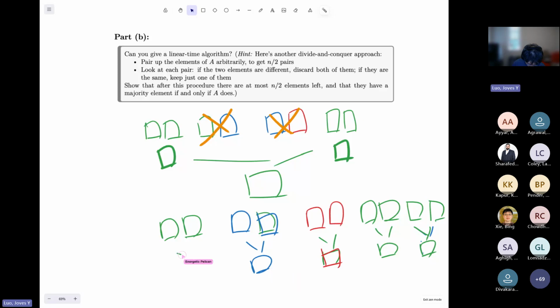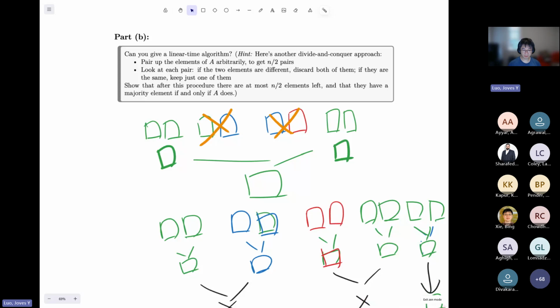This is going to consolidate to one green. Okay, now we want to match them up again, right? So let's match up the green and the blue. So this matches up and this cancels out, and then we match these up and this cancels out, and then we have a green left over. Okay, awesome.